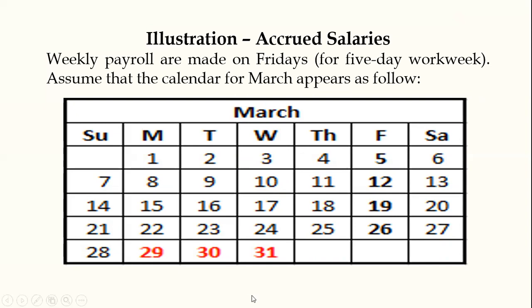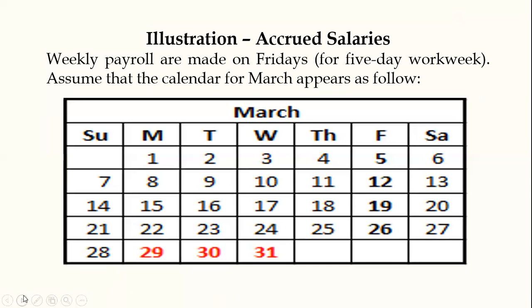Why? Kasi kung magre-record pa tayo ng April 2, kasi April 2 ka pa pasisweldohan, it means magiging over recording ng expense for the month of April and under recording naman tayo for the month of March. So paano natin ito gagawan ng adjustment entry?